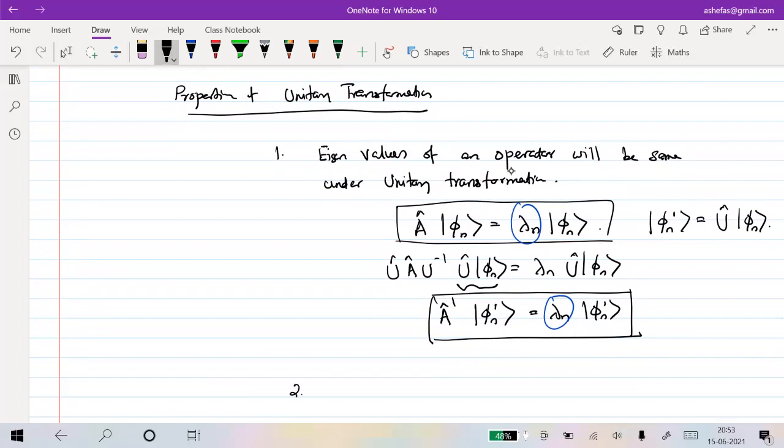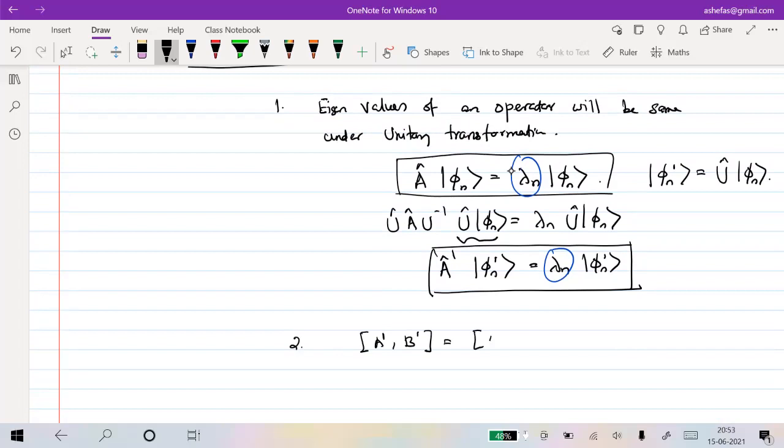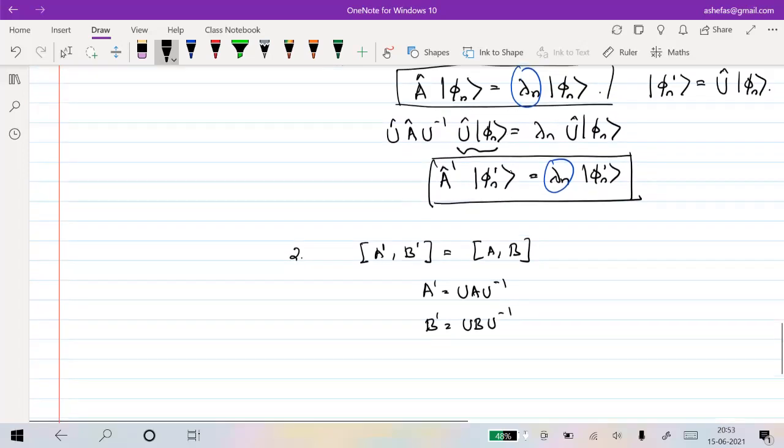Okay, now what is the second property? The second property is the commutator would be the same under unitary transformation. It means the commutator of A prime and B prime would also be equal to the commutator of A and B. So we can prove it. This A prime we can write as U A U inverse, and B prime can be written as U B U inverse.